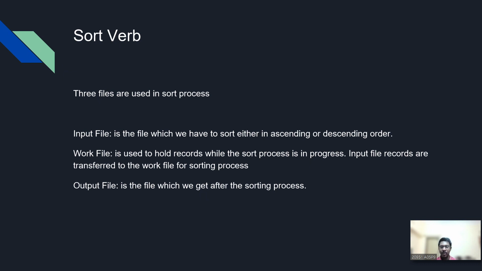The work file will do the whole thing, and after sorting the data as per the needs, the whole data will be transferred to the output file, and the work file will be deleted automatically. This is how sort works in COBOL language. It takes three files: input, work, and output files.